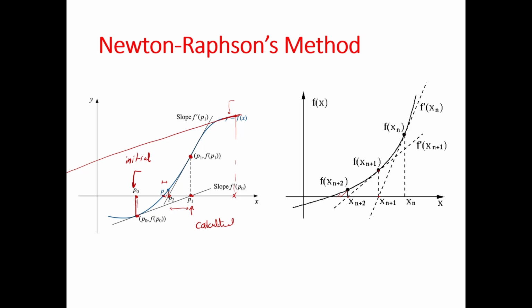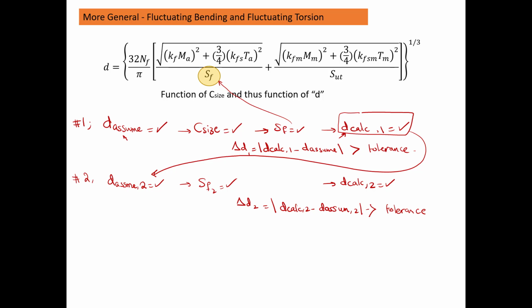Other methods are graphical methods to solve for this. We can say this is my y1, which is f of d. It's simply f1 of d equal d. And this right portion would be f2 of d.